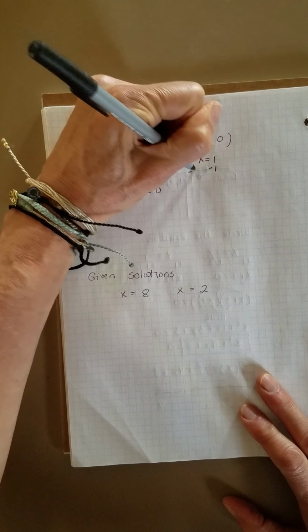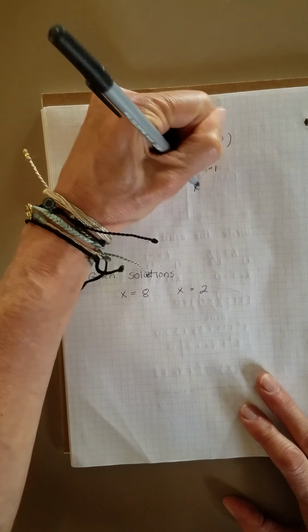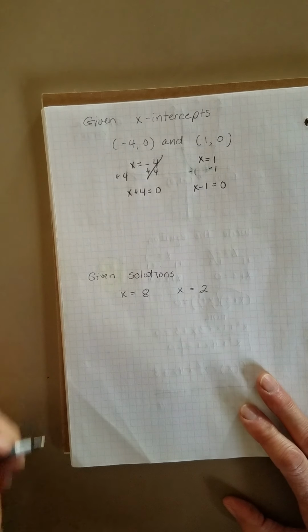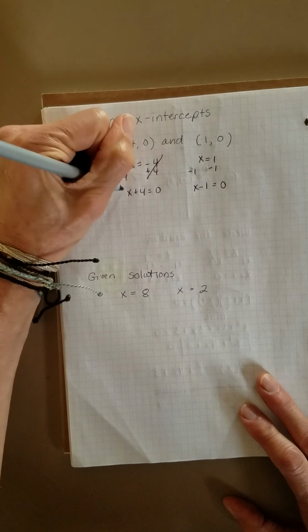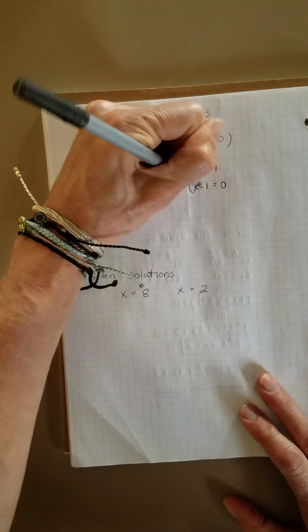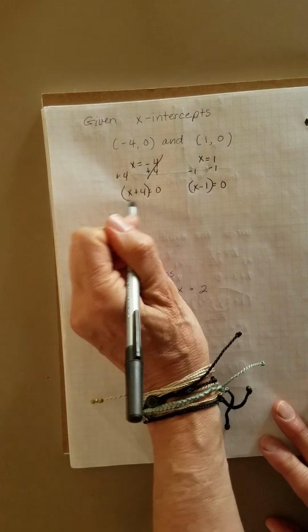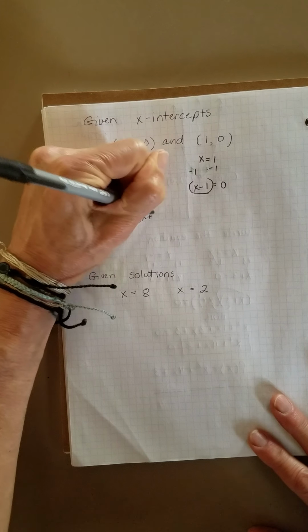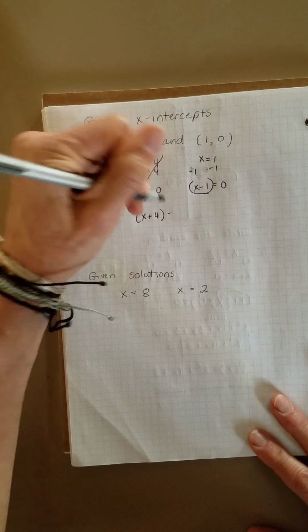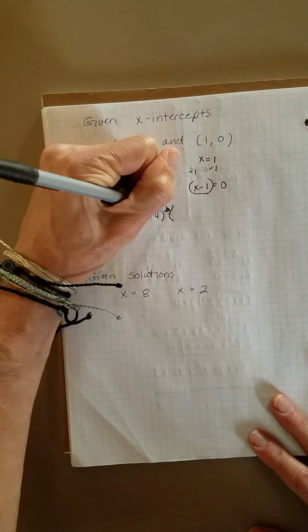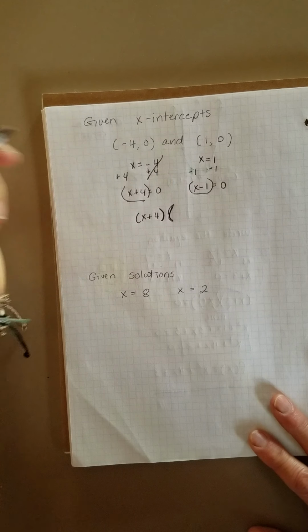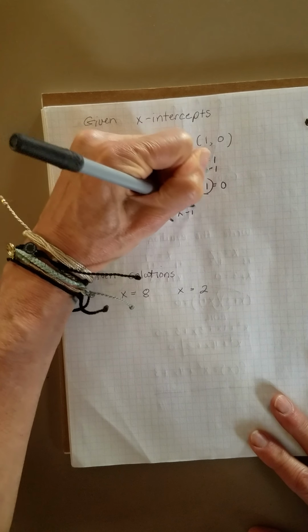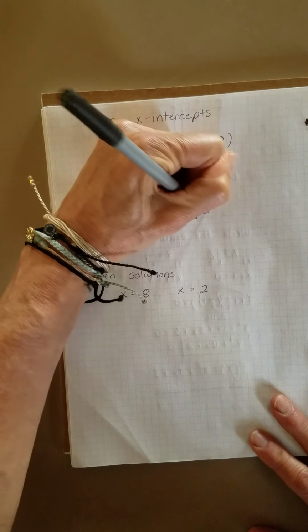Subtract 1 from both sides, x minus 1 equals 0. This becomes one of my factors, and this becomes the other. So I write x plus 4 times the other factor, x minus 1, equal to 0.